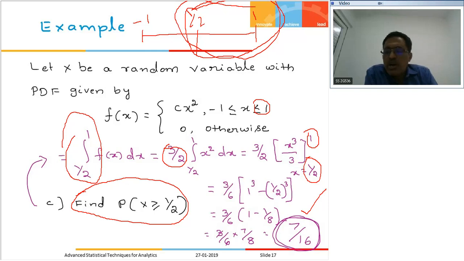It should not be more than 1, and it should not be negative. So whenever we got this 7 by 16, check whether it lies between 0 and 1, because probability can't be negative and can't be more than 1. Like this we have to validate, particularly in examinations. This is one point which is helpful to validate whatever we have done.